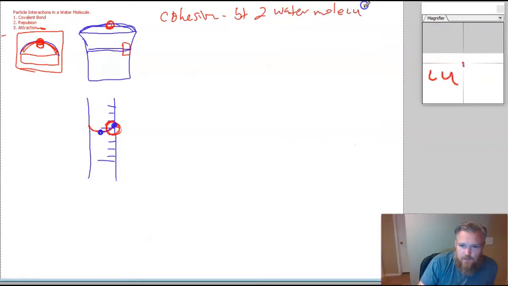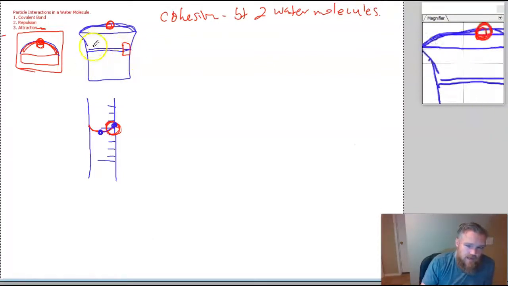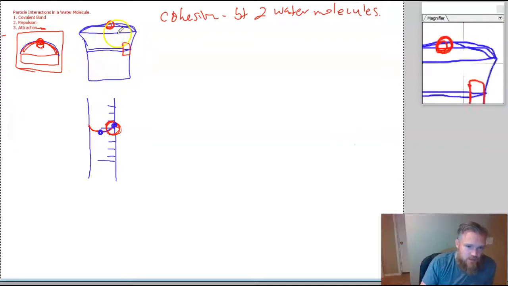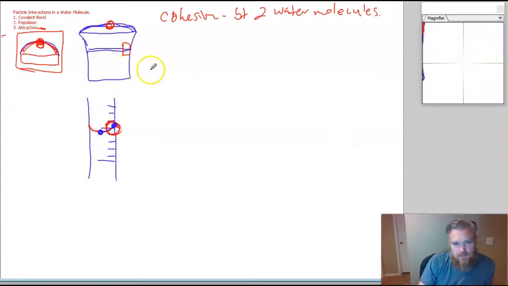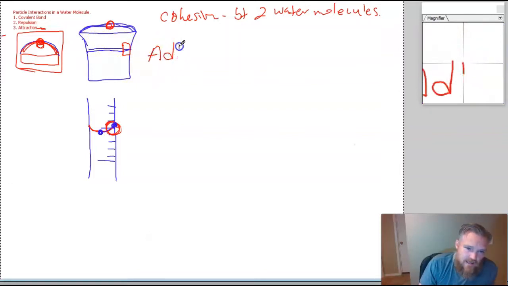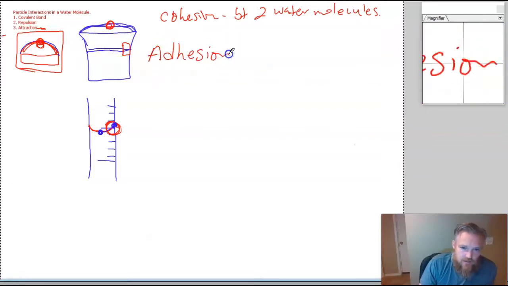So you're probably wondering, well, in this glass scenario, why doesn't it form a dome then? Well, it's because there's another type of force called adhesion, right?